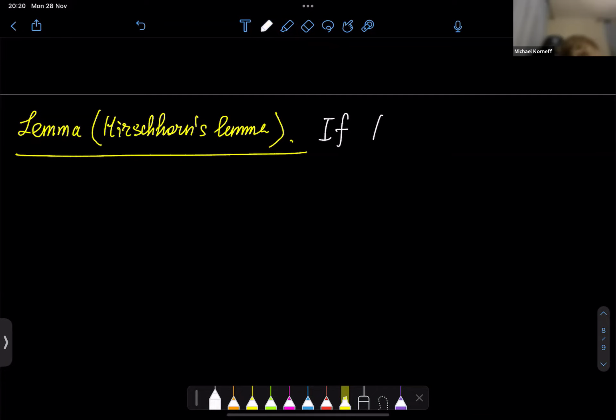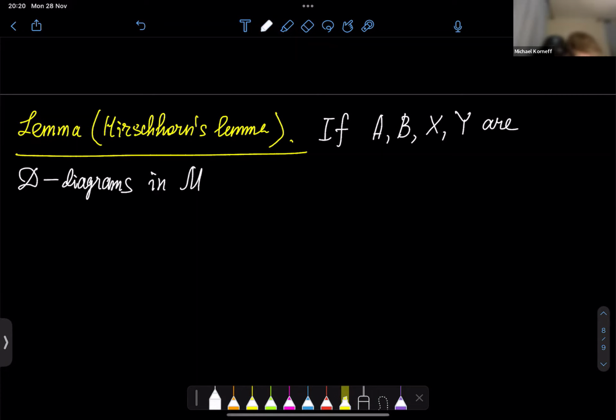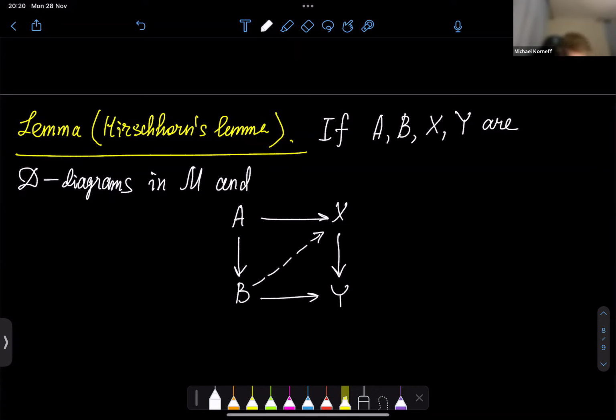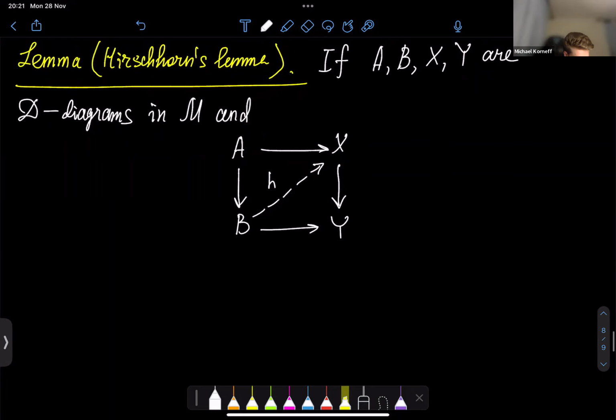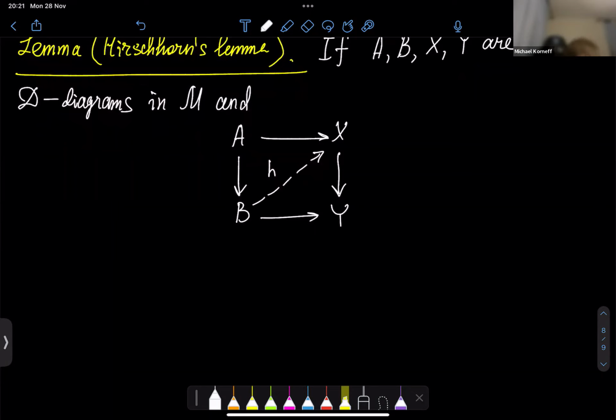If A, B, X, and Y are diagrams in a model category M, and we have a diagram of diagrams, and also we have some lifting which is defined on the n-1 filtration.